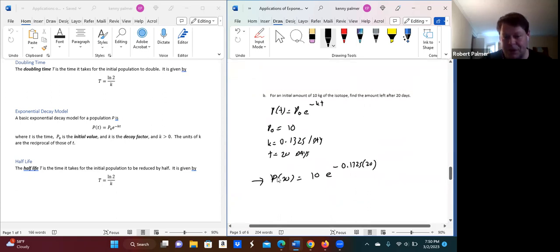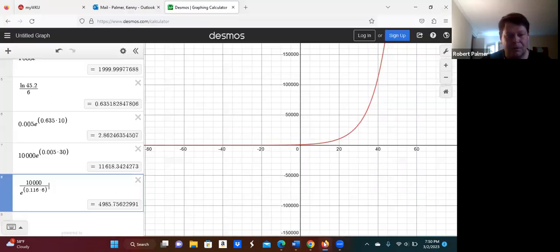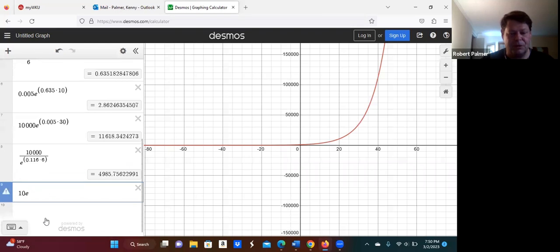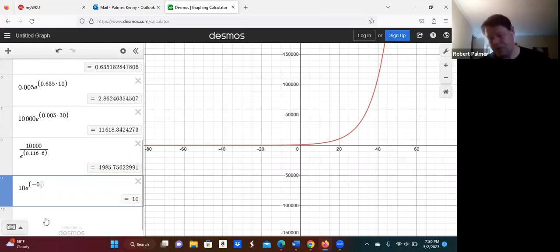So let's plug this into Desmos. Just 10 times e raised to the negative 0.1325 times 20. Okay, and it's about 0.7.